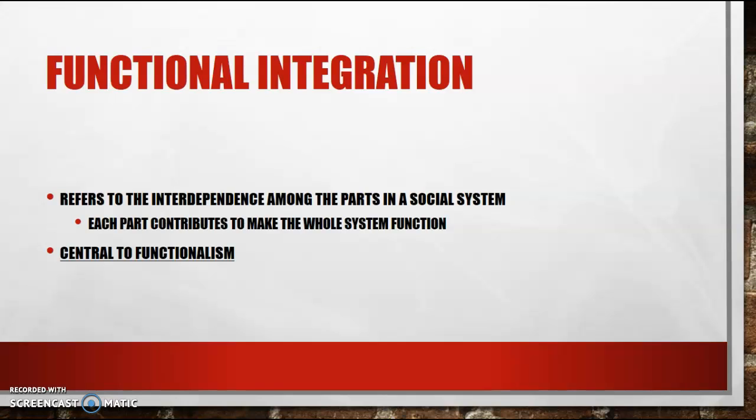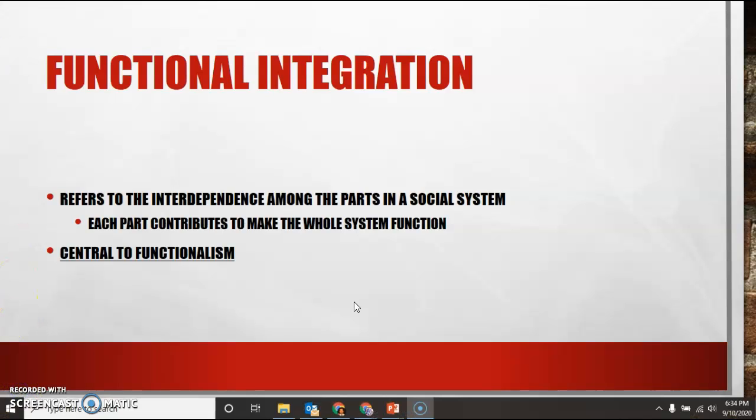Each part contributes to make the whole system function. This is the whole central idea to the perspective of functionalism, and we'll cover that. But symbolic interaction and conflict theory do have these as well. So this idea that every part of a society is dependent upon each other, that if you change one, you can change them all. So we'll look at the next one.